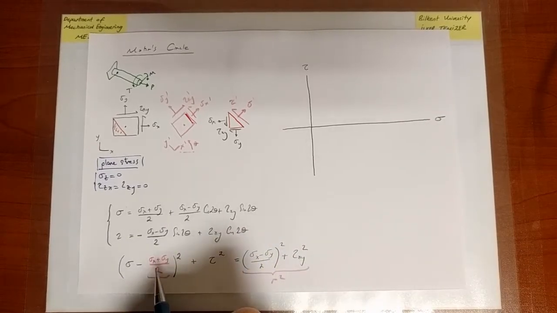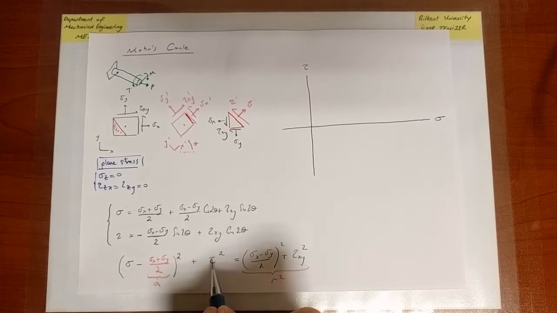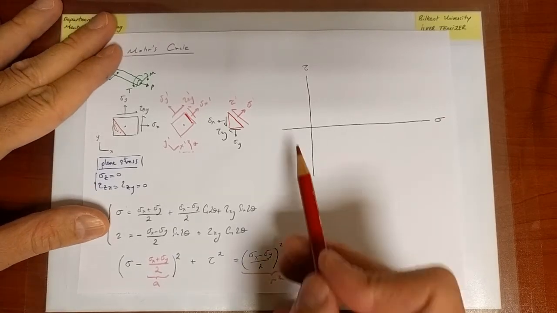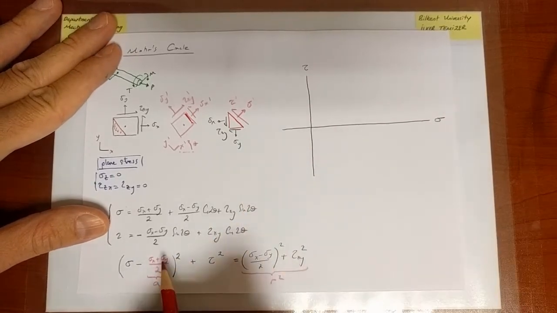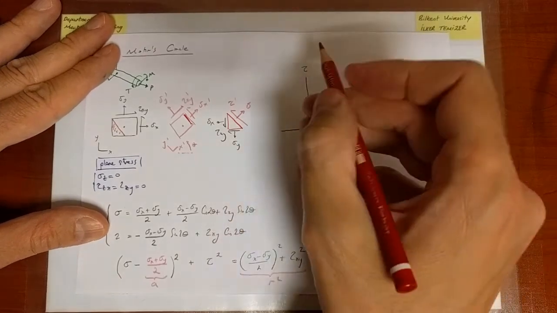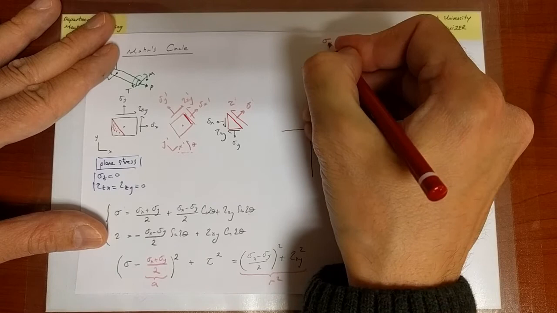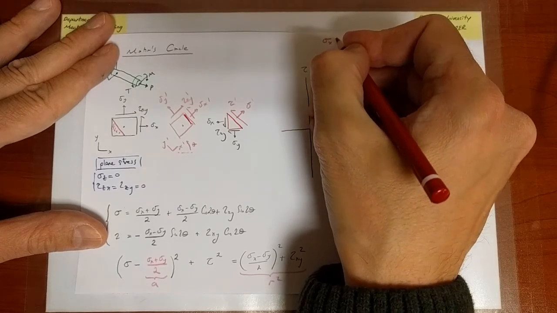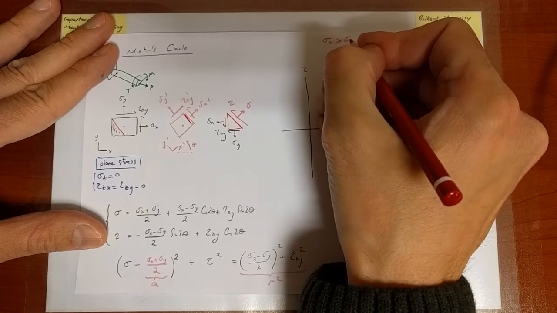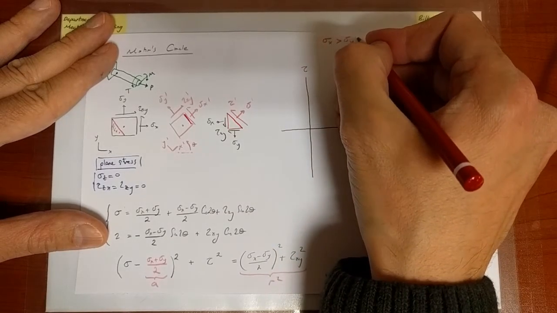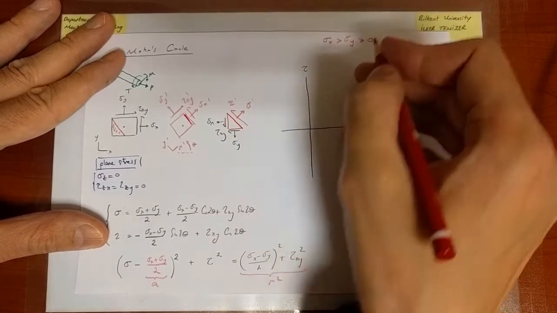Now, the circle is x minus a squared plus tau, y minus 0 squared, if you like. So the center is going to lie on the sigma axis, on the x-axis. I'm assuming presently that it's plane stress, but also I'm going to assume that sigma x is larger than sigma y, which are both going to be greater than 0.